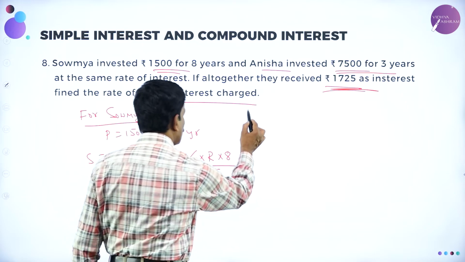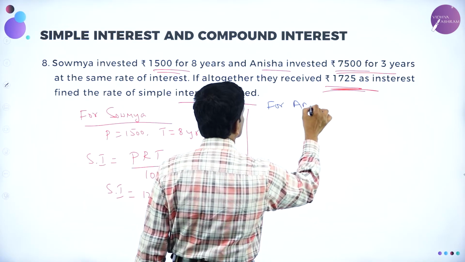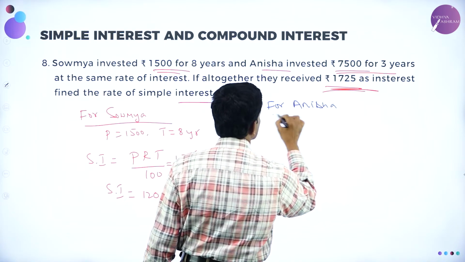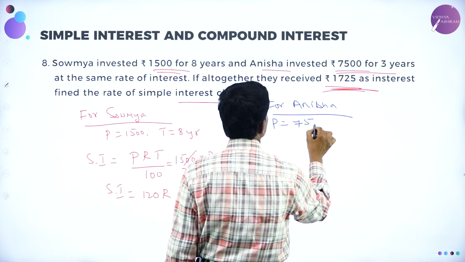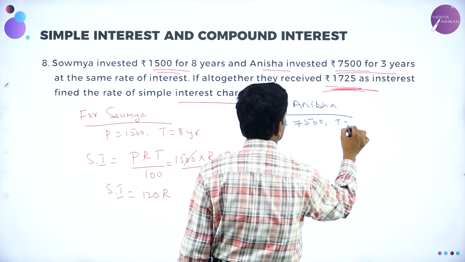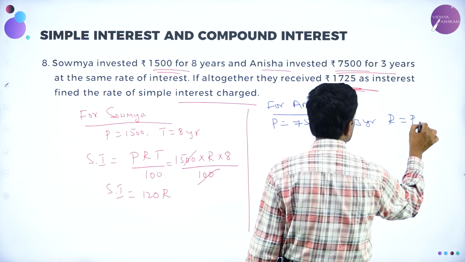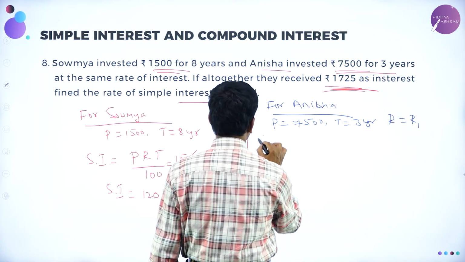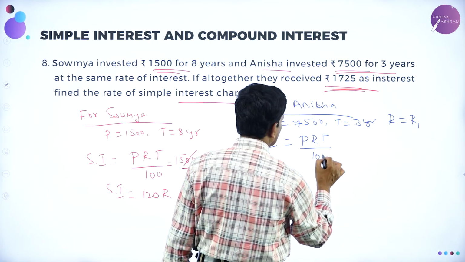Similarly, on the other hand, for Anisha, what is the principal? Principal will be 7,500 and the time period will be 3 years, and the rate of interest is the same. Let us call it R1. Now, the simple interest SI is equal to PRT over 100.